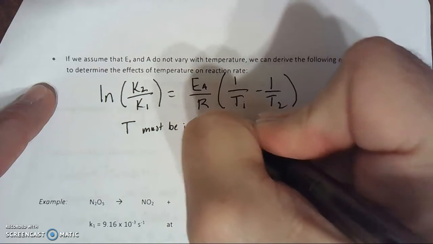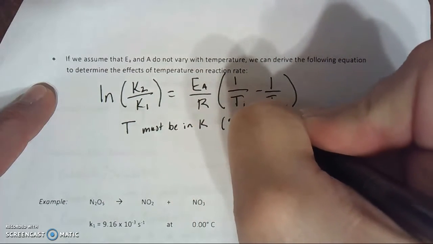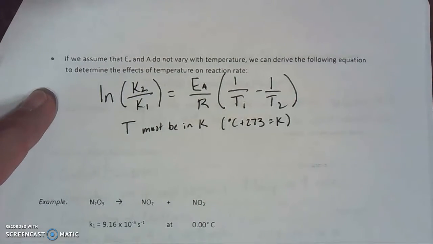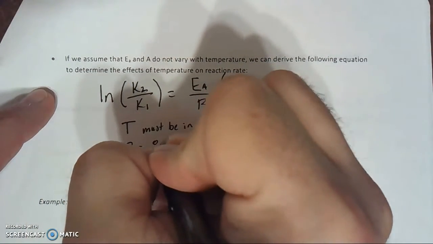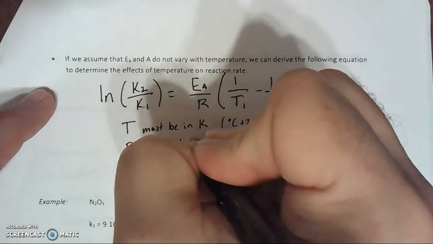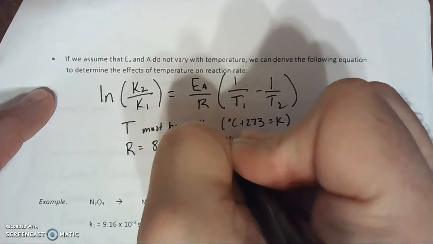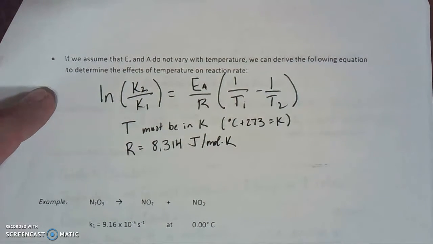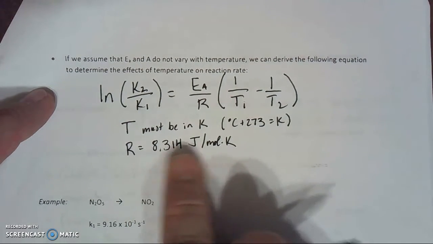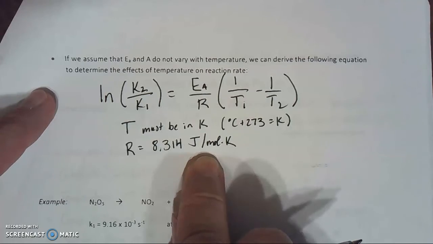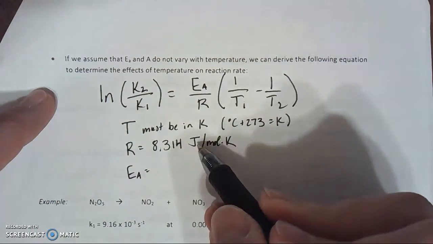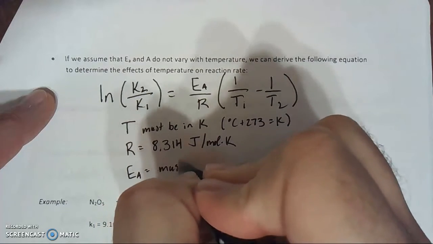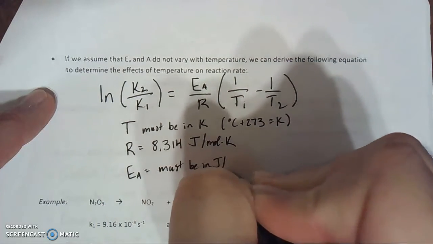So remember, degrees Celsius plus 273 is equal to Kelvin. R equals 8.314 joules per mole Kelvin. That is R with these units. And then E sub A, because we have joules here, must be in joules per mole.